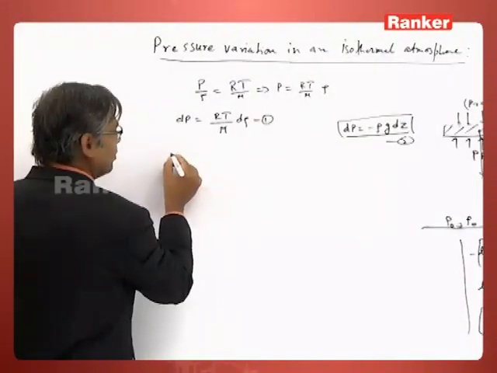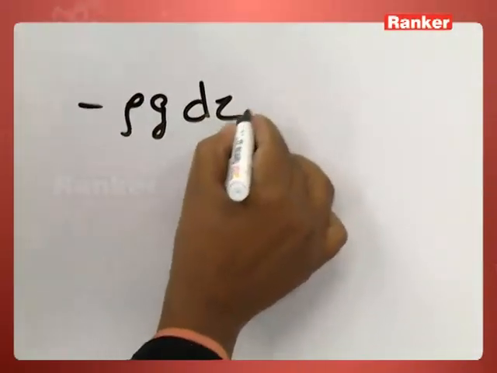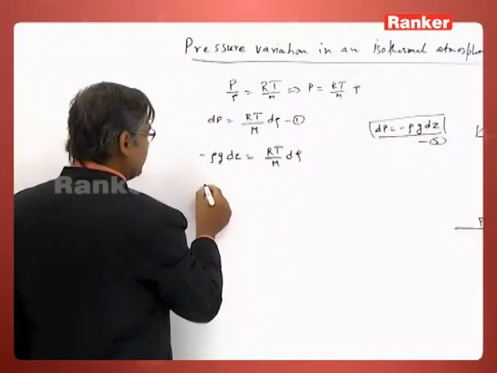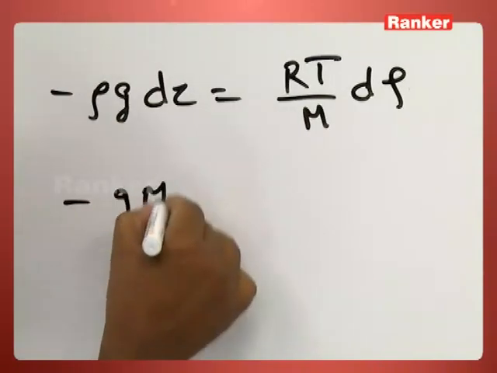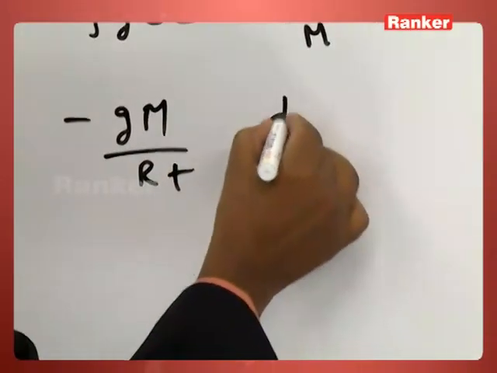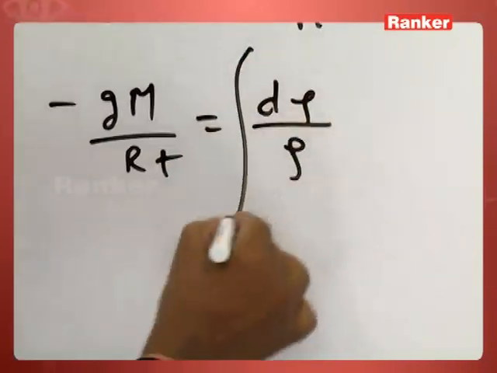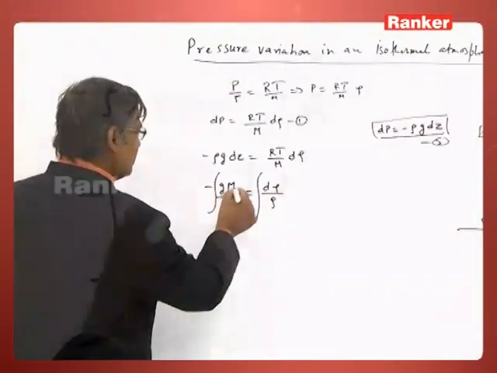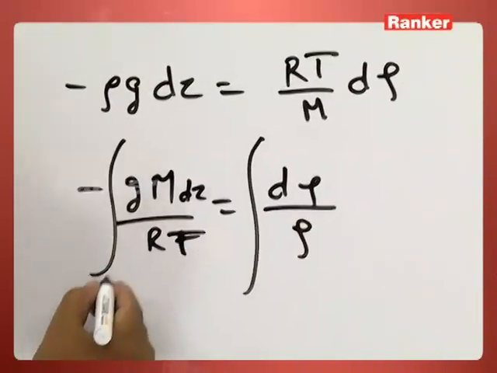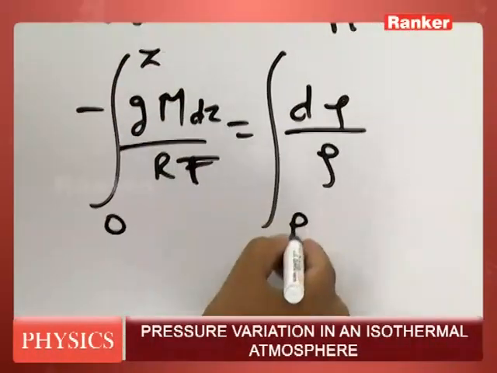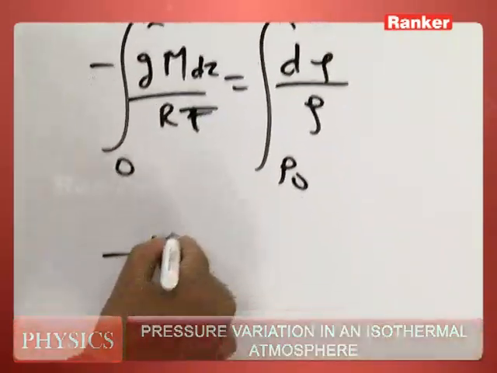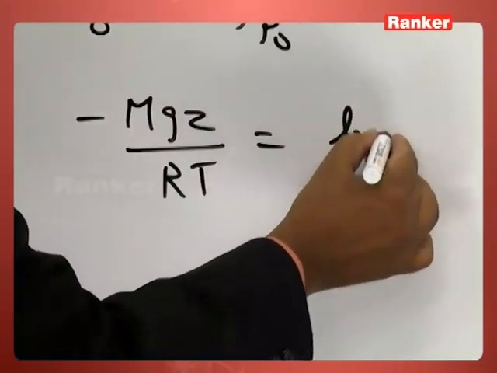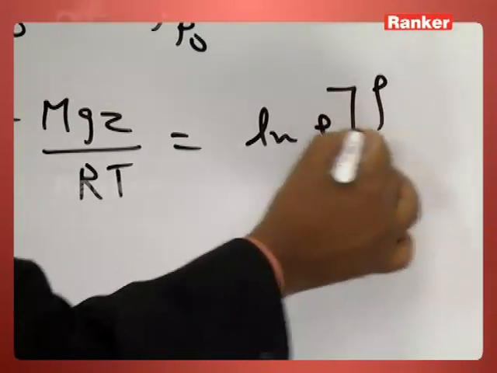We will substitute here minus rho g dz, that is equal to RT by M d rho. So you see here minus gM by RT dz is equal to d rho by rho, and let us integrate. All these terms g, R and T are constant. Here z varies from 0 to z, and rho from rho naught to rho. So we have minus Mgz by RT is equal to ln rho from rho naught to rho.